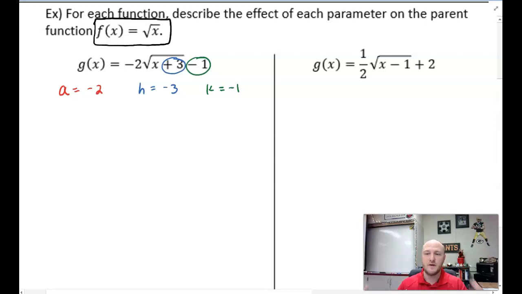So what are the effects produced by this? The first thing I notice is that a is negative. That's going to cause a reflection. Because a is less than 0, this causes a vertical, or x-axis, reflection. So I'm going to say vertical reflection.